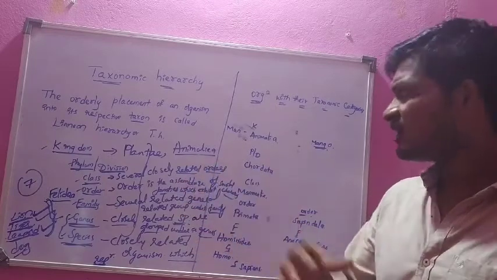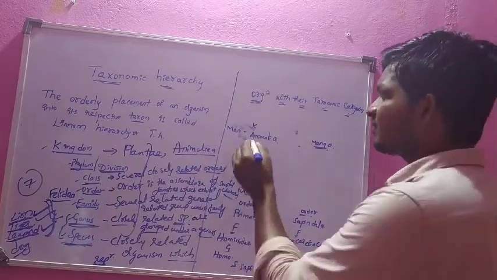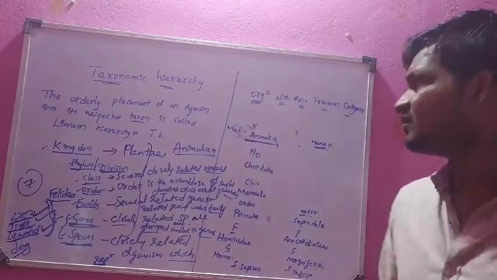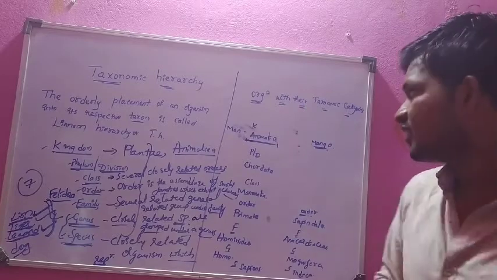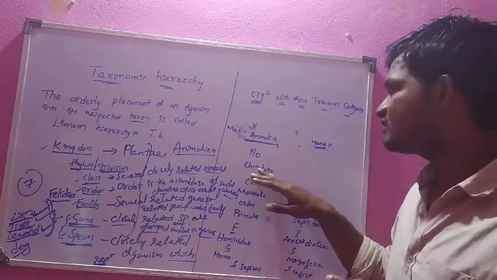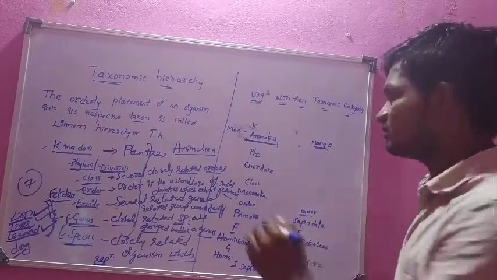Like that, you have to match one character. We come under the kingdom Animalia, and phylum Chordata. Chordate means we contain a backbone.